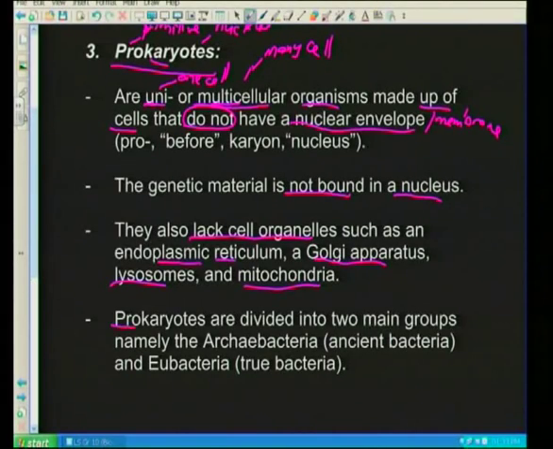We see that the prokaryotes are divided into two main groups, and that is the archaebacteria, which is ancient bacteria, and the eubacteria, which is the true bacteria. Archae and ancient go together, and eu and true go together.